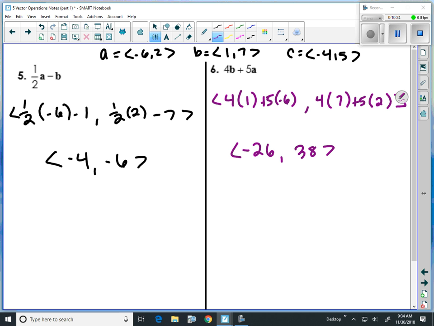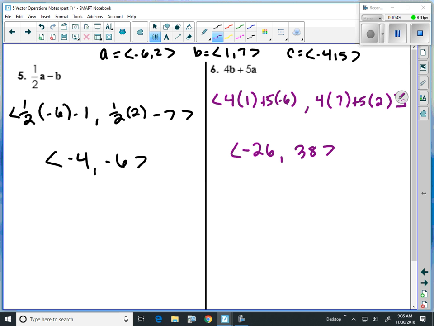Check my answers. Make sure we're getting the same thing. Should end up with negative 26, 38. Issues, questions? Do you get the same thing? Yes? Okay, good. So that's really all there is to the scalars adding and subtracting. It's not too bad. Okay. Questions before we move on?